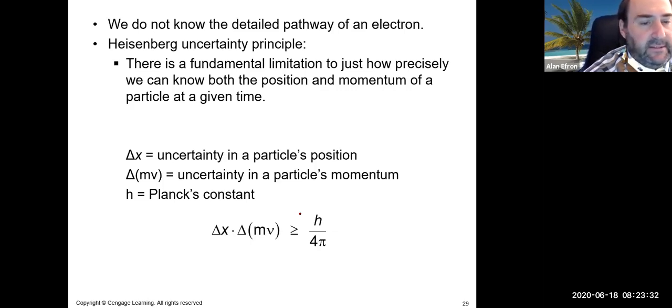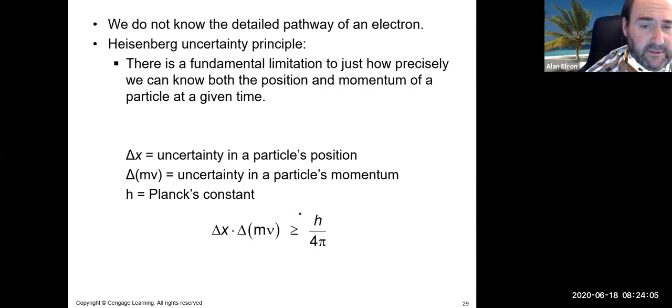Some experiments were done, and a principle came about, known as the Heisenberg uncertainty principle, which says that there's a fundamental limitation on how precisely you can know both the position and the momentum of a particle, like an electron. So the more you know about the location of an electron, the less you know about the way it's moving.